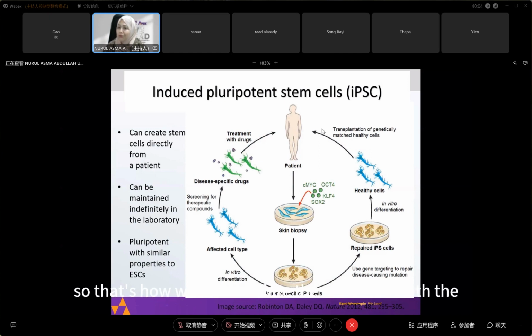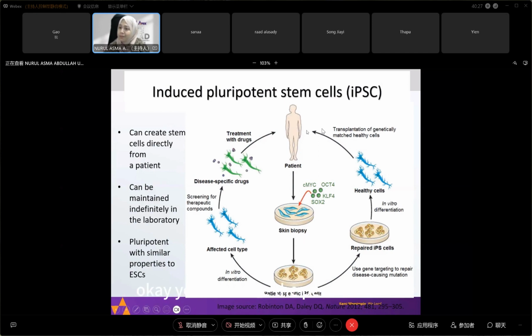That's how we differentiate stem cells from somatic cells, because they don't share the same marker, the same protein on their surface, most of the time. So these induced pluripotent stem cells, as I mentioned just now, you can have from the patient.